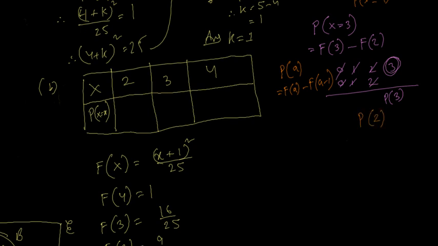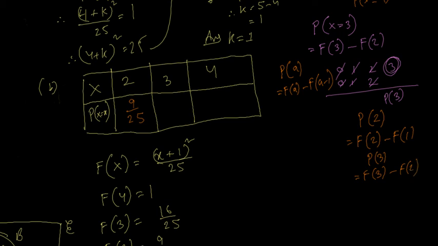Okay, now for finding p2, we know it is going to be F2 minus F1, meaning the previous one. So here for p2, F2 is 9 by 25 minus the previous one, but there is no random variable before it, there is no 1. So this means 9 by 25 minus nothing, so this would be 9 by 25. p3 is going to be F3 minus F2.